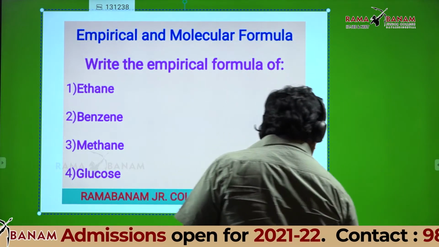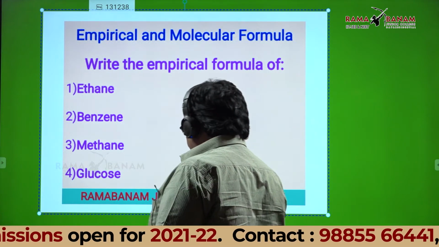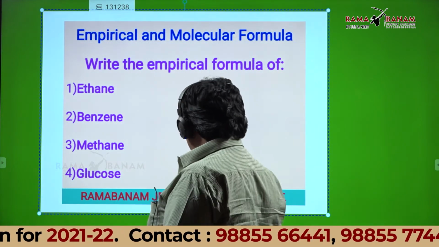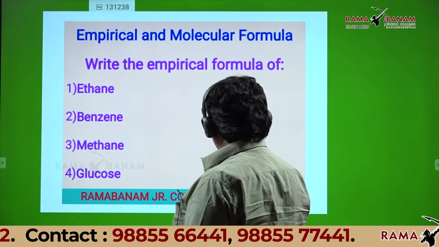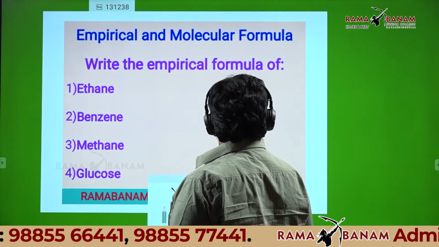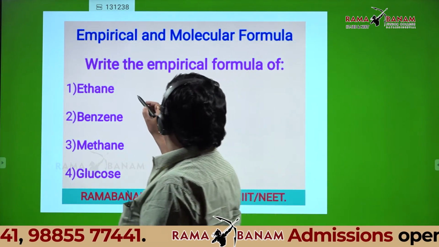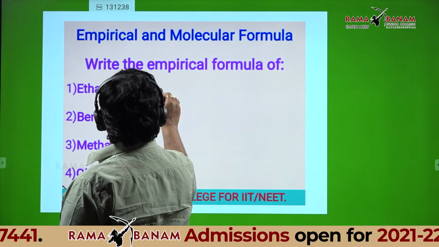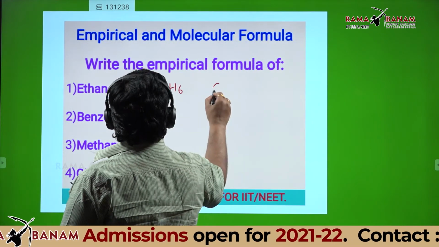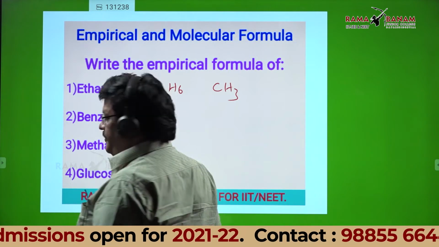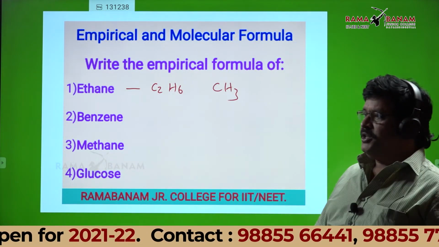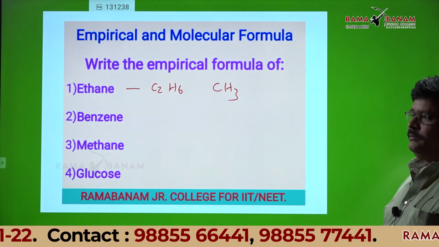Any doubt in the empirical formula of these 4 compounds, students? No, sir. Ethane molecular formula is C2H6. The empirical formula is CH3. Is it okay? Yes, sir.